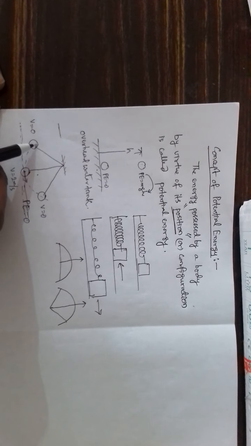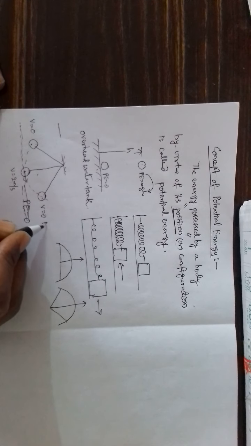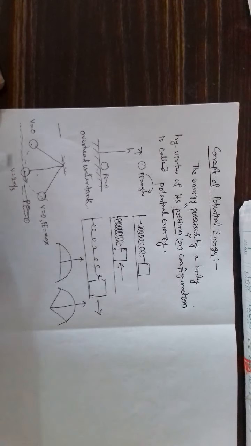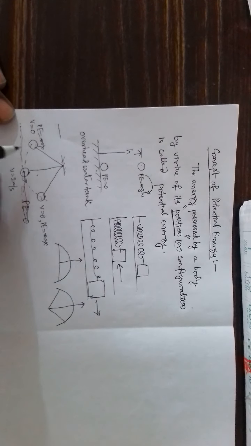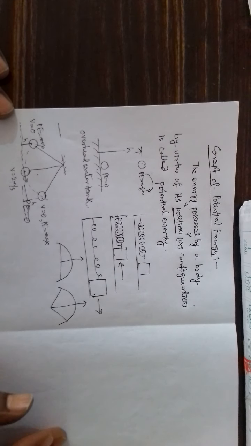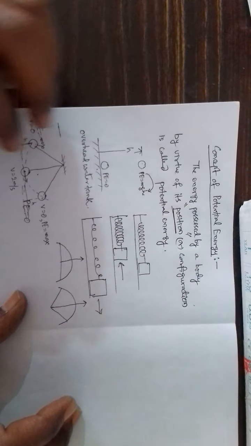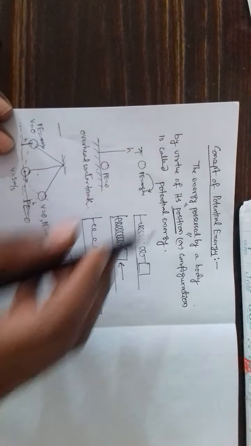At the left extreme or at the right extreme position, the potential energy is maximum. Here also it is maximum. So these are examples of potential energy acquired by way of its position.